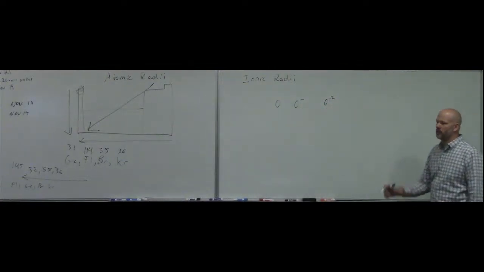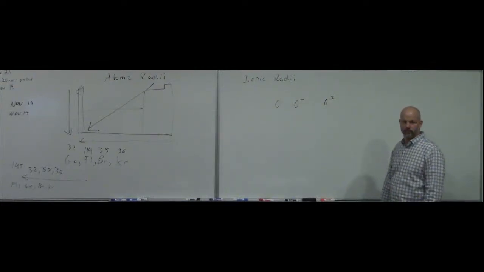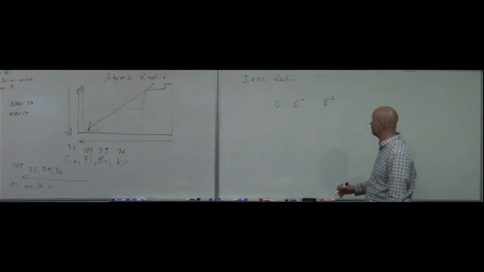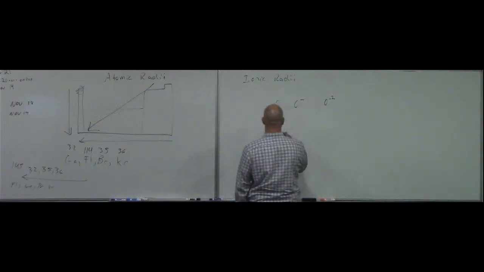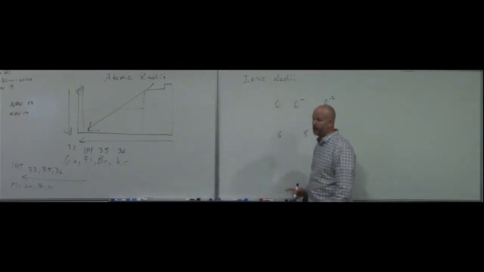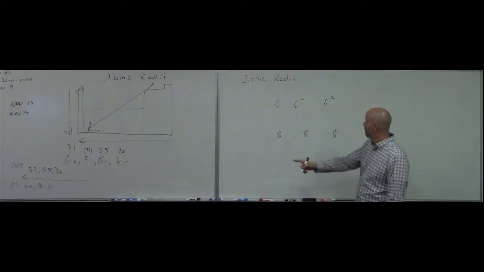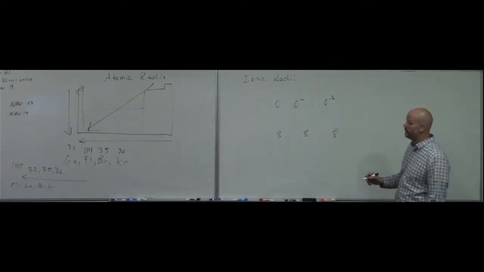What's my Z number for each one of these? It's 8. How many electrons in the first shell for each of these? 2.